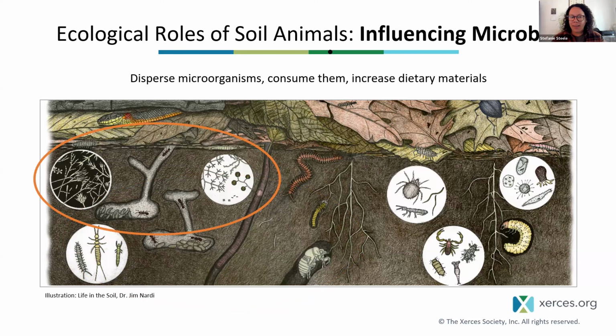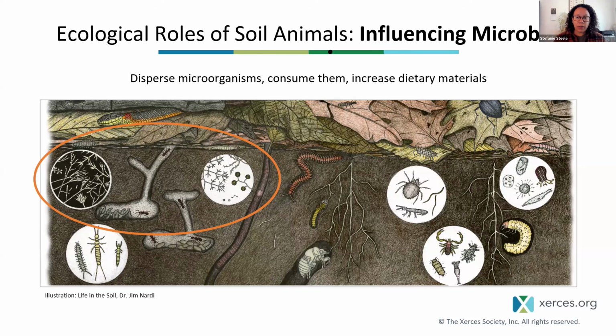All right, and then invertebrate functional diversity. This can also lead to increased microbial diversity, so they're helping to influence these microbes. But there are other factors that also influence this microbial diversity, including pH, soil type, and different plant communities. These are all important drivers of microbial diversity as well.